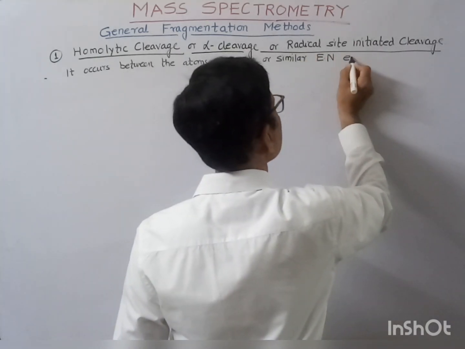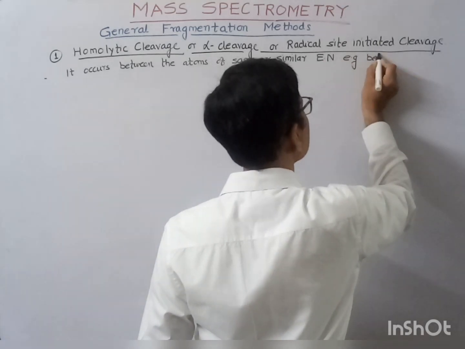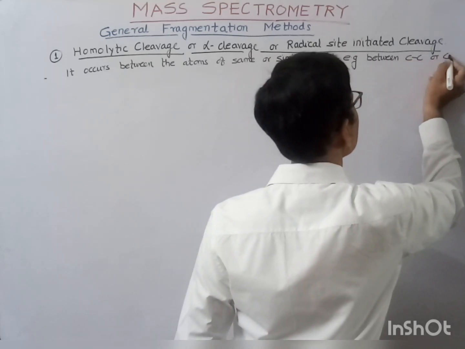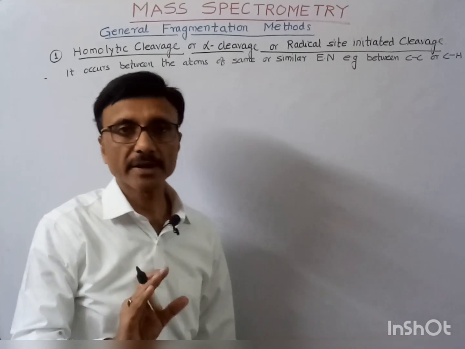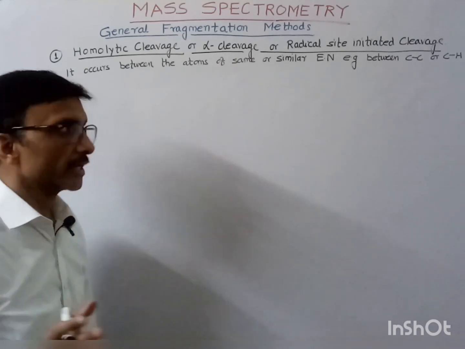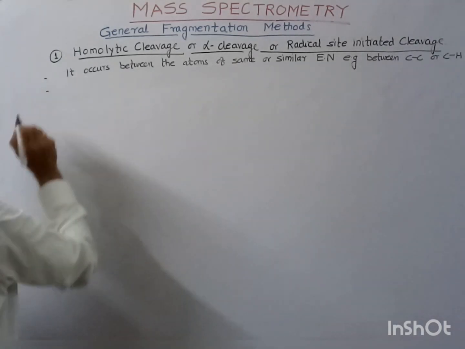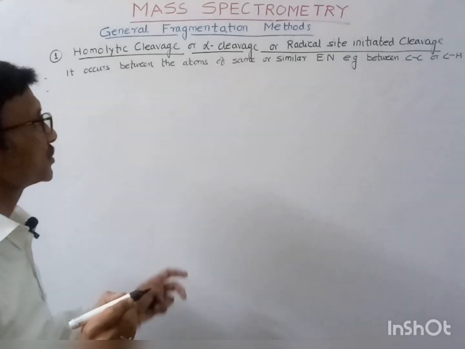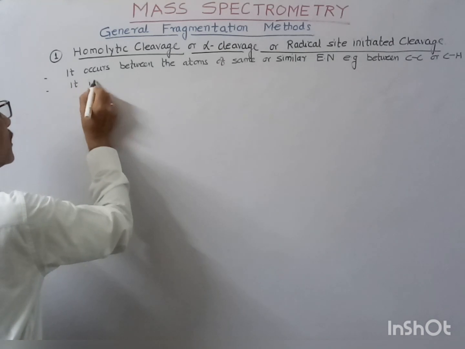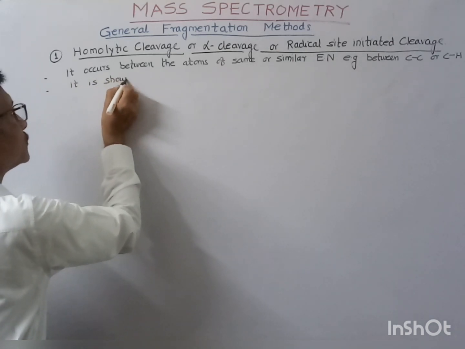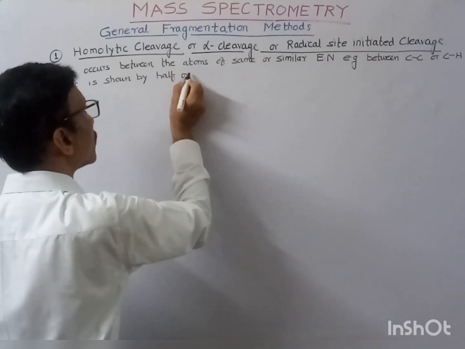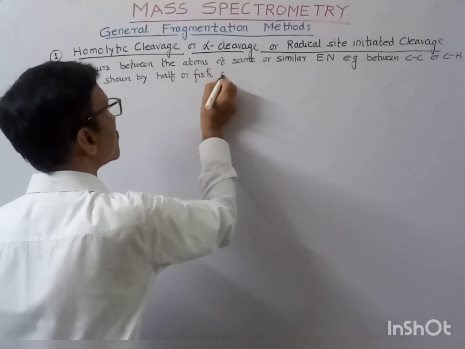For example, cleavage may take place between carbon-carbon bond or between carbon-hydrogen bond. We know that carbon and hydrogen have approximately similar or same electronegativity. Such type of cleavage is shown by a half arrow, which is called a fish arrow.